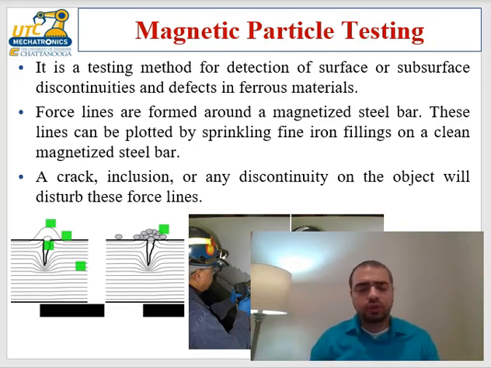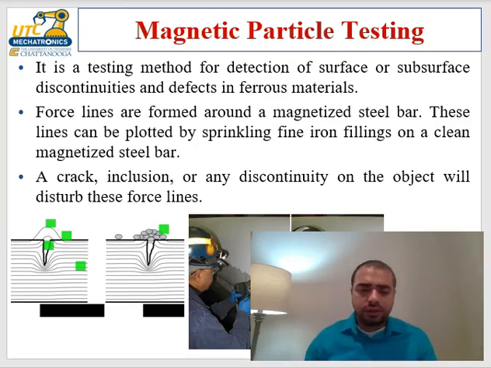So when you sprinkle the iron filings, if there's a crack anywhere, even if it's not visible, not only cracks but also voids, for example on welded parts, you can tell the location of the void because of the distribution of the iron filings.